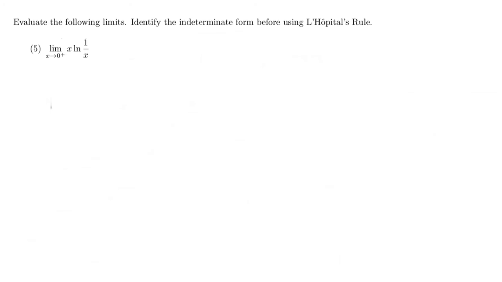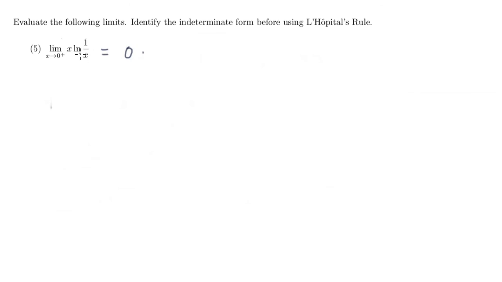Alrighty, so here we have another limit as x approaches 0 from the right, but this time we have x natural log of 1 over x. So if we just naively try to evaluate the limit, we get 0 for x, and then as x approaches 0 from the right, 1 over x is going to infinity, 1 over small positive number.